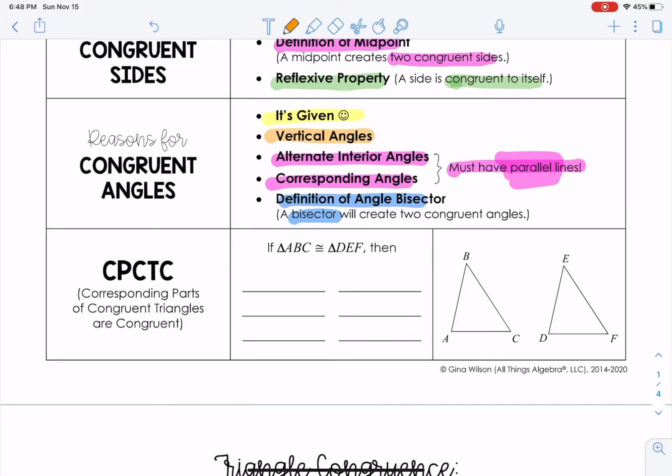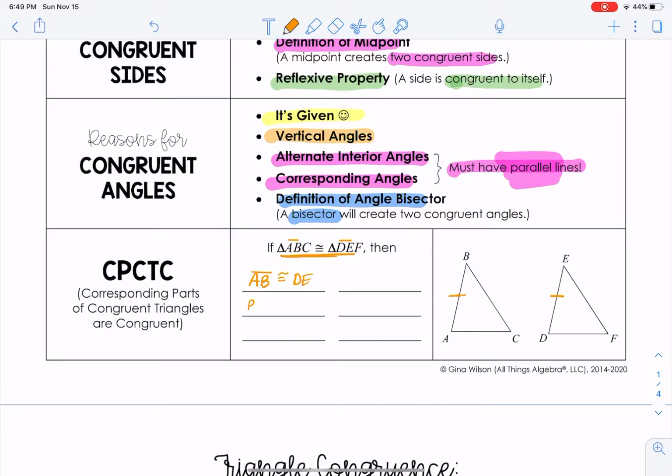We also talked about CPCTC. Corresponding parts of congruent triangles are congruent. So if I tell you that those 2 triangles are congruent, then I know something about the sides and the angles. I know that AB is congruent to DE, and I can get that both from the name and also from the picture.